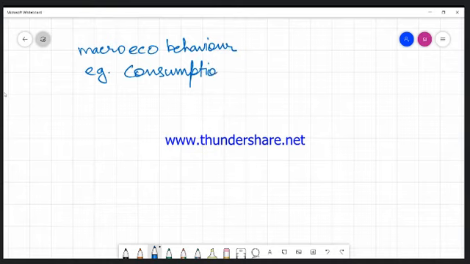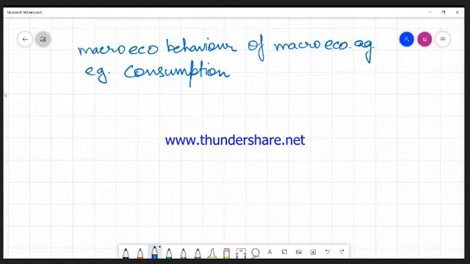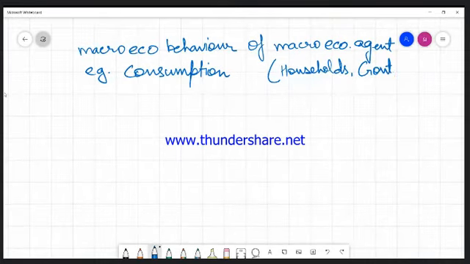Now this consumption is not for one consumer, but it is for the household, so of a macroeconomic agent. Now this can be related to households, to government, or to foreigners.